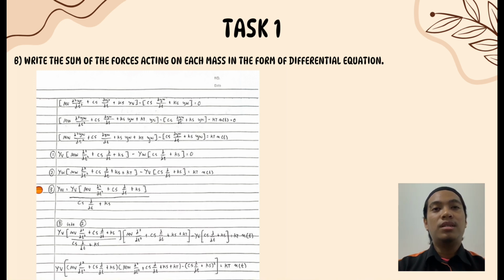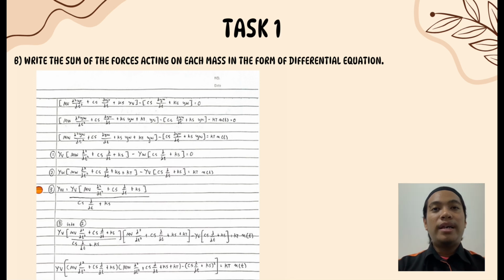So that is the full equation 1. For equation 2, we have MW plus CS plus KS and plus KT, which is the equation attached with the MW mass block.